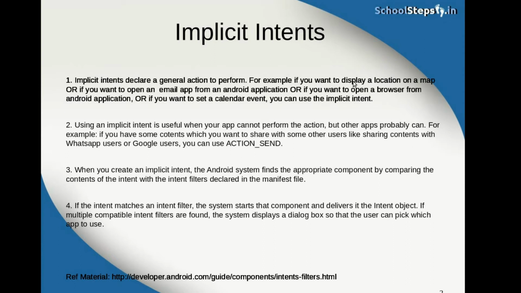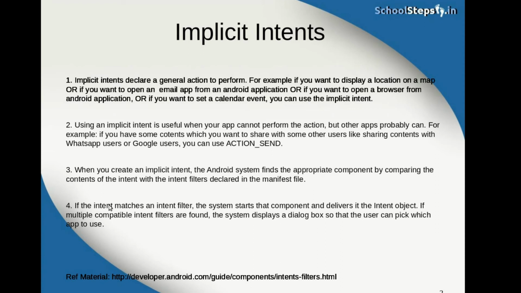For example, if you want to display a location on a map or you want to open up an email, etc. So what we have done in our program, we opened up the default application to send messages.